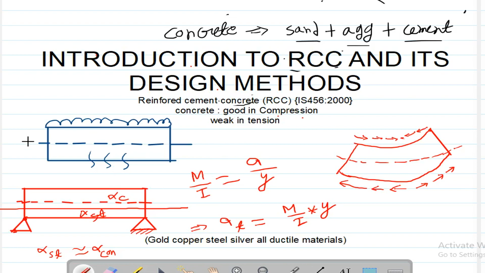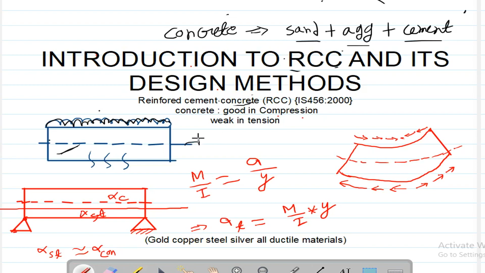Suppose this is my beam, and I am putting some external UDL on that beam. Once the load comes onto the beam, consider this axis as the neutral fiber. When we draw the diagram lengthwise, the midline is known as the neutral fiber, and if we draw the cross section, it is the neutral axis.